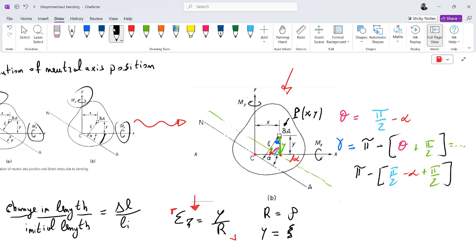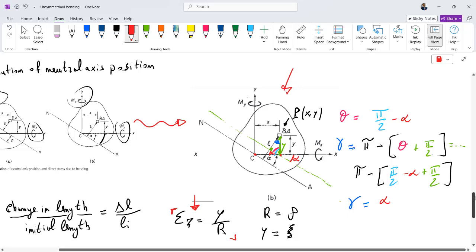If you do some calculus, we obtain that the gamma angle is equal to alpha.